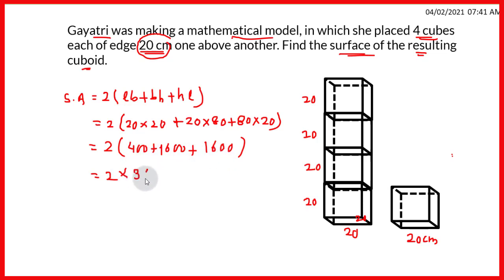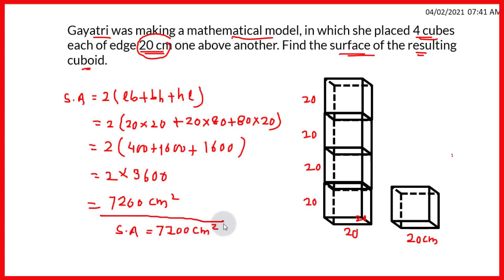So it will be 2 into 3600, which is equal to 7200 square centimeter. And therefore the required surface area of the resulting cuboid will be 7200 square centimeter. Highlight your answer.